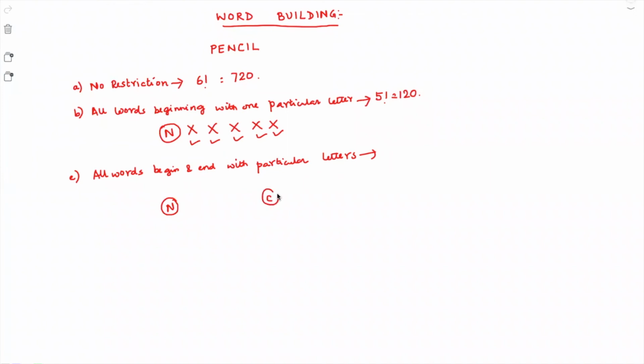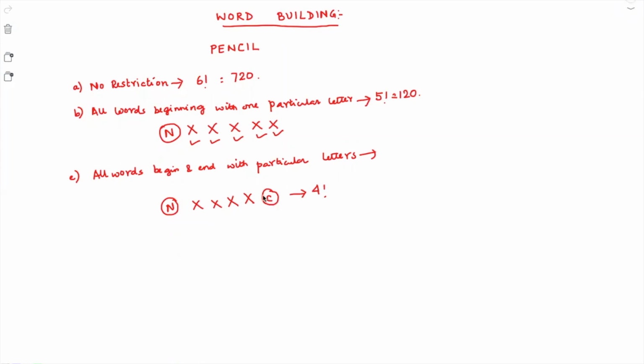So N and C are fixed. So you have provision for the 4 letters to rearrange themselves. So all words begin and end with particular letters because the 4 letters can only rearrange themselves. So in this case, it will be 4 factorial because the first and the last position are fixed.